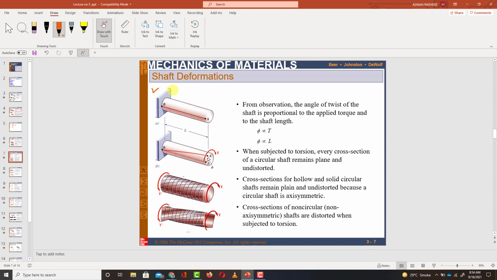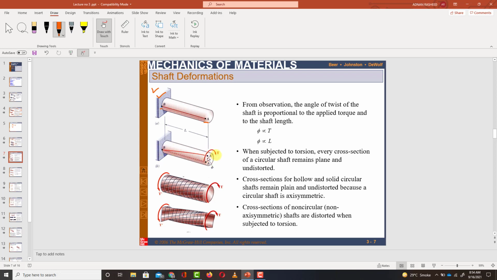So how? Let's consider a cantilever beam, or a circular rod, that is fixed at end B, having length L, and there is a line AB marked on this shaft. You can see this is point B and this is point A. Point B is fixed.